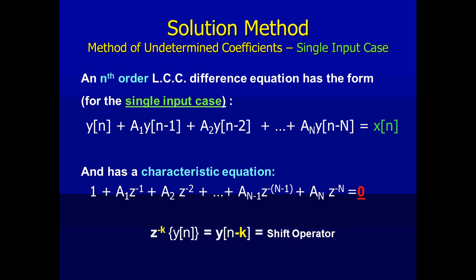So if that's true, this must also be true, 1 plus 1/2 z to the minus 1. That's our characteristic equation. If I multiply everything through by z, I have z plus 1/2 must be 0. So either of these two forms we would say are the characteristic equation. And when I set them equal to 0, I'm finding the homogeneous solution.